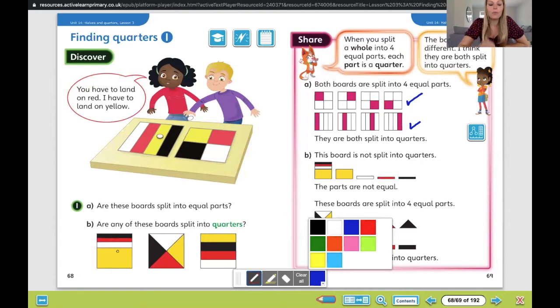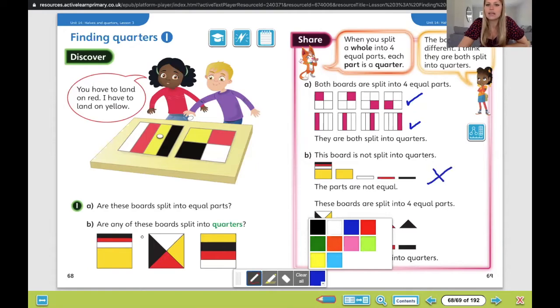So there are 4 parts. Are the quarters equal? Is each part the same? No, it's not, is it? Why? Yes, you're right. Can you see this yellow one here is much bigger than the other 3 parts? So this board is not split into quarters.